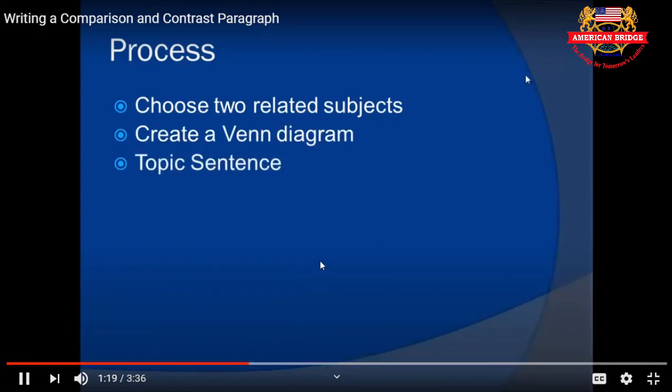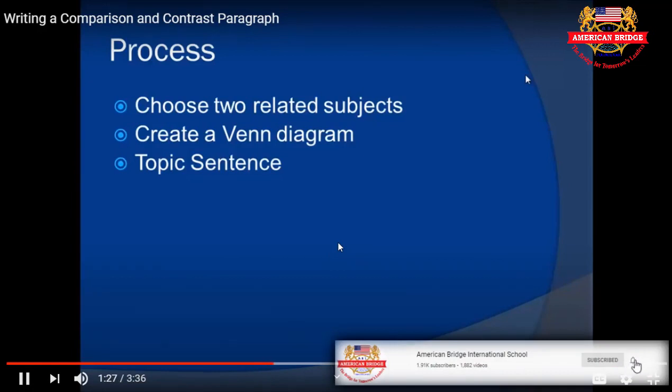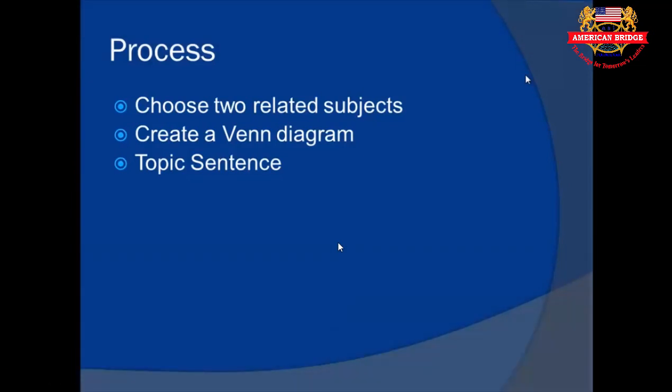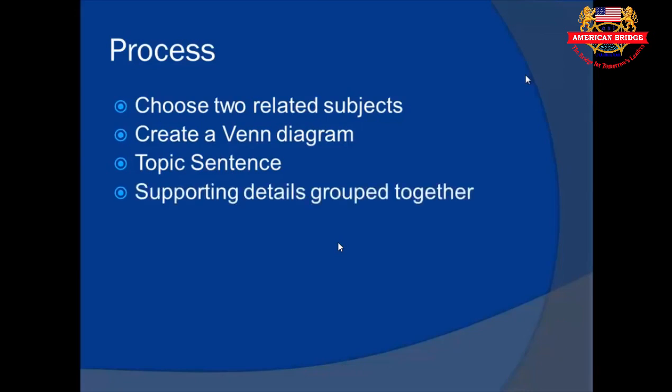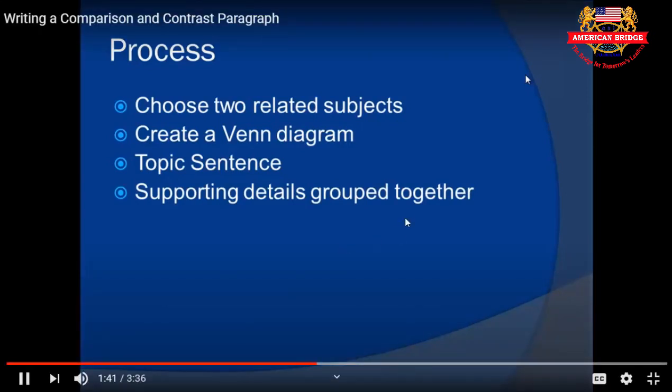Then you're going to include your topic sentence. In your topic sentence, make sure that you include both topics that your paragraph is going to cover. So you want your reader to know exactly what it is you're going to compare and contrast. Follow your topic sentence with your supporting details, so all of those ways they're the same and all of those ways that they're different. And make sure that you group those details together in some way that makes sense.